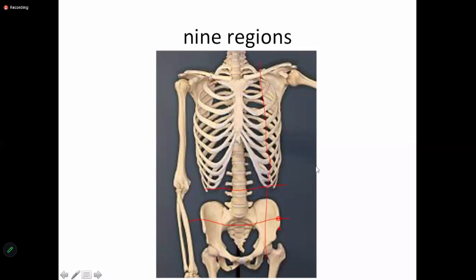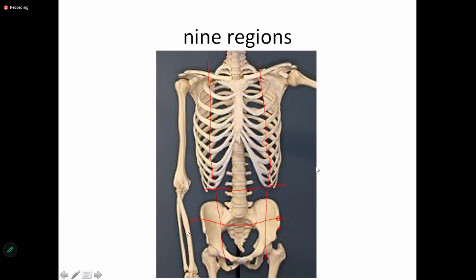And then you take your mid-inguinal and mid-clavicular lines, so you have your 9 regions. So you have the right hypochondrium, then epigastrium, left hypochondrium, then the umbilical area, the right lumbar and the left lumbar, and then the right iliac fossa, left iliac fossa, and hypogastrium, or you can call it the suprapubic area.